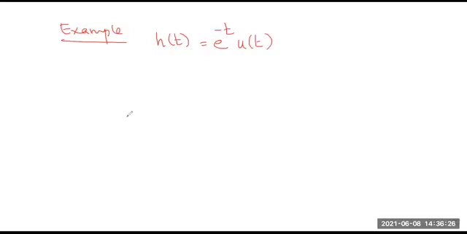This is the impulse response of the system. And let's assume the input that is given to this system. So let me draw the block diagram of the system. This system is given to us, it's an LTI system, and its impulse response is given to us, e power minus t u of t.